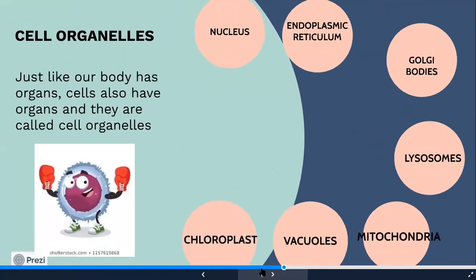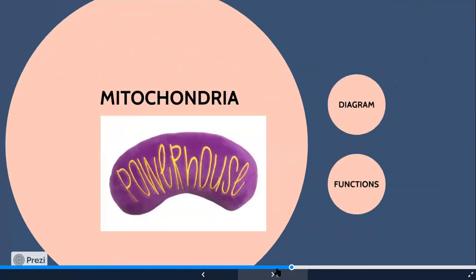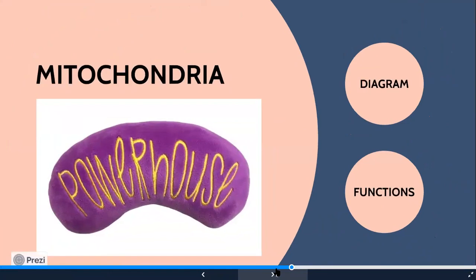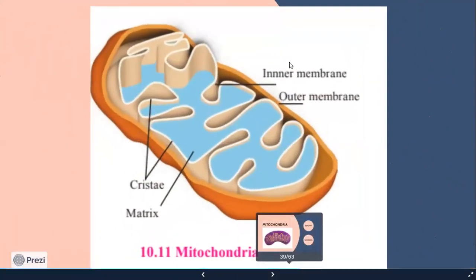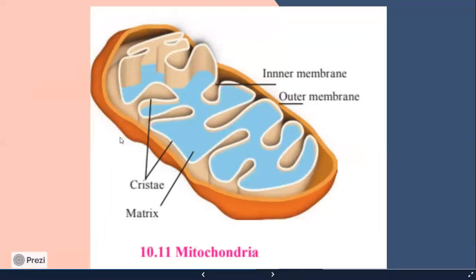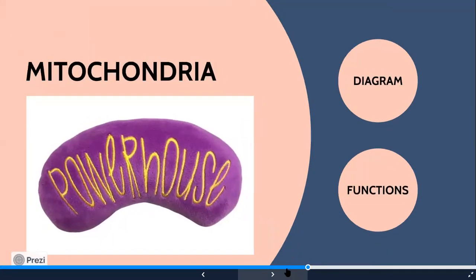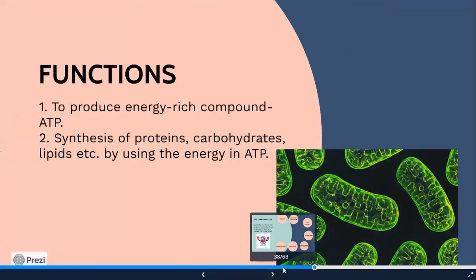Now, if we come back to mitochondria, what are the functions of mitochondria? We all know that mitochondria is called the powerhouse of the cell, right? The mitochondria has an inner membrane, an outer membrane, cristae, and matrix. So that is about mitochondria. What are the functions of mitochondria? The name itself says it's a powerhouse.